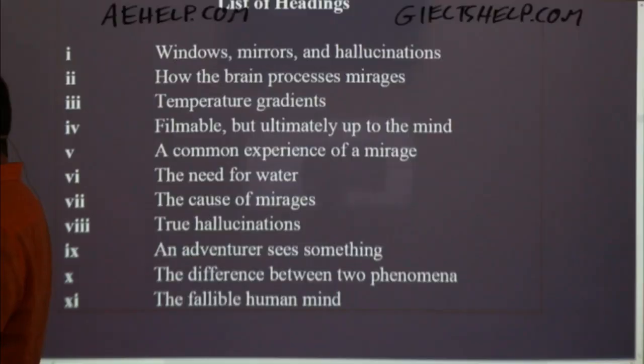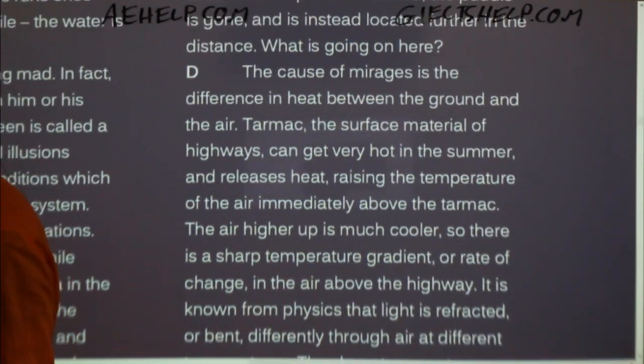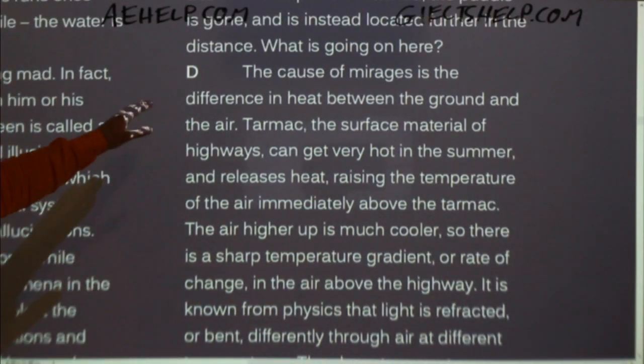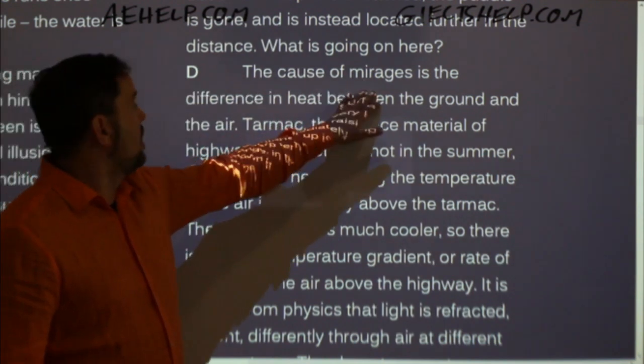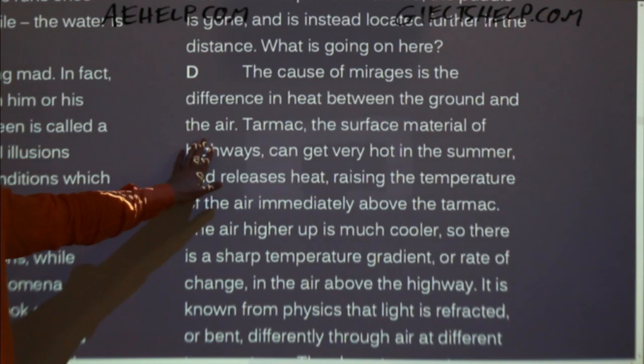Now let's jump to D, okay? And now we're cruising and doing well, feeling confident. Okay, here we go. D. The cause of mirages is the difference in heat between the ground and the air.